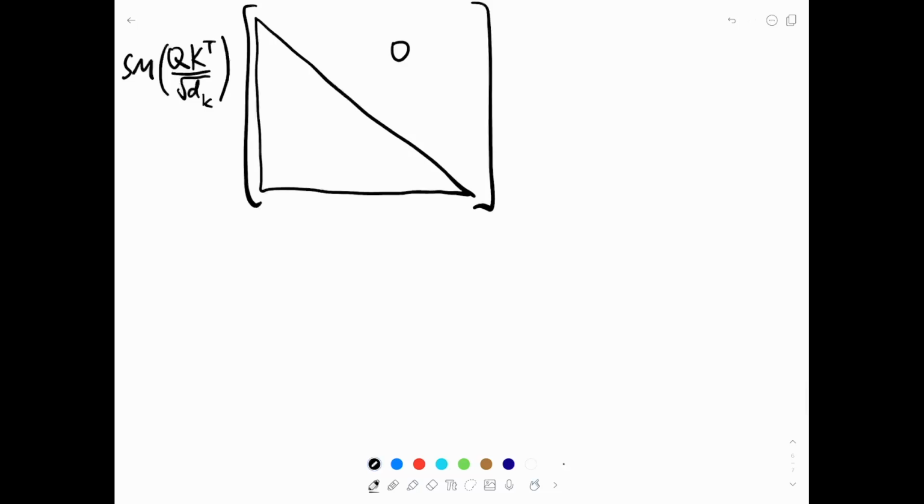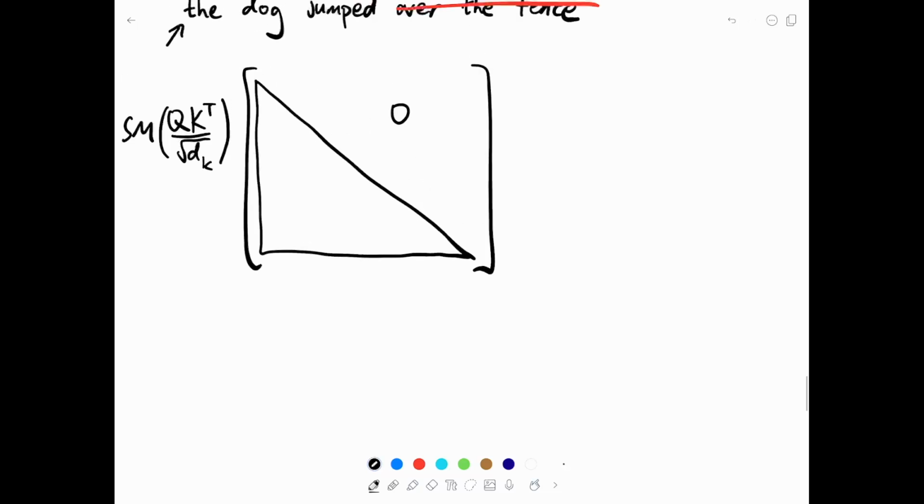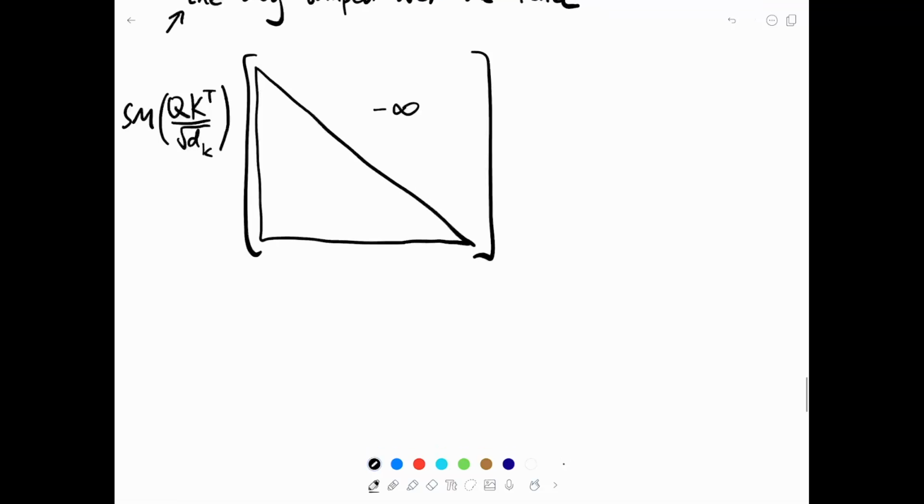There's also a technicality that this is often applied before the softmax, and if you apply this masking before the softmax, you actually set everything above the diagonal to negative infinity.